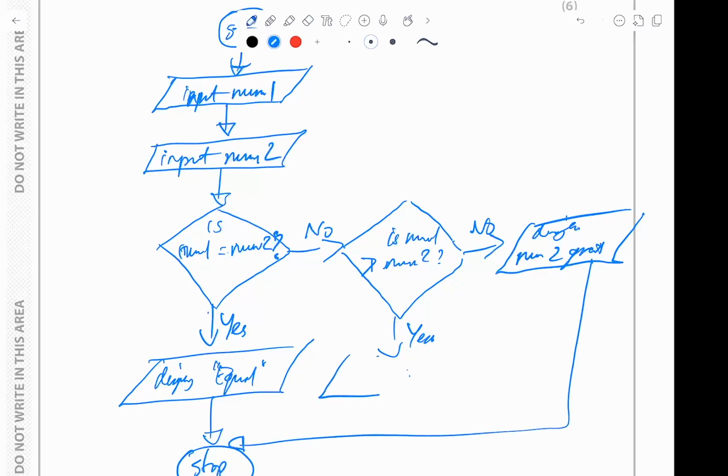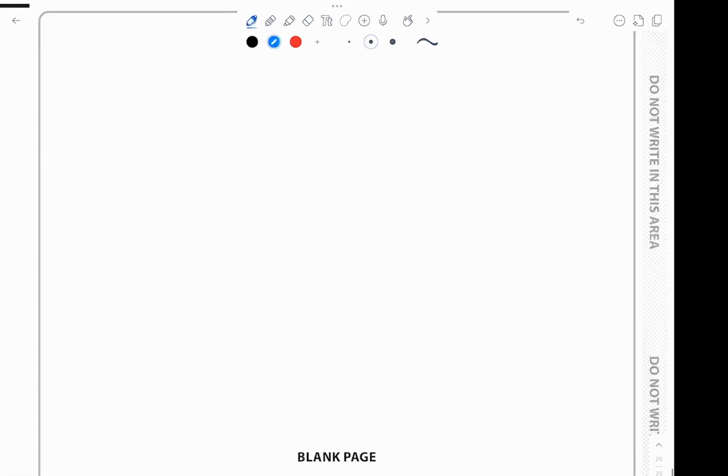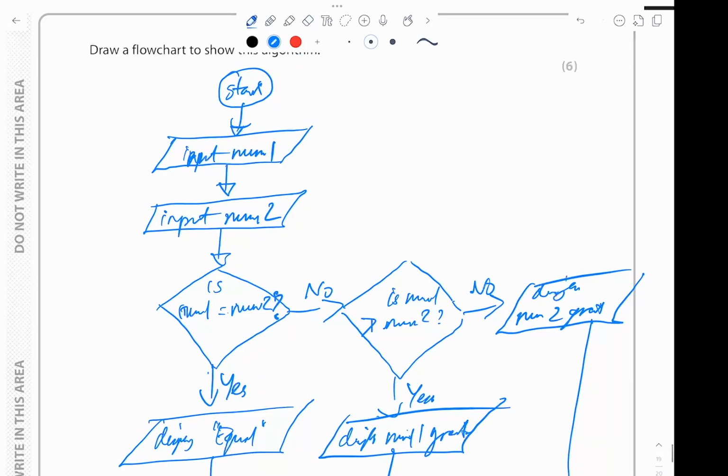And then here we can say display number 1 greater. Okay, so rhombuses are decisions, parallelograms are inputs or outputs, and we don't use any processes here. There's no processes needed. Nice 6 marks. I think that was a 6 marker.